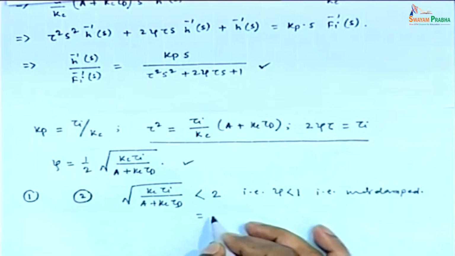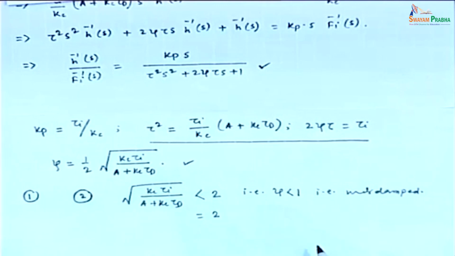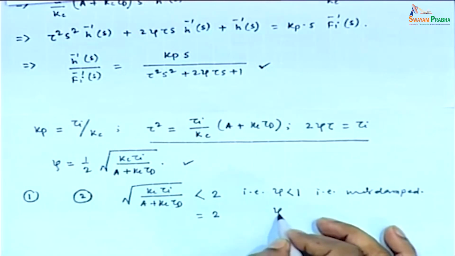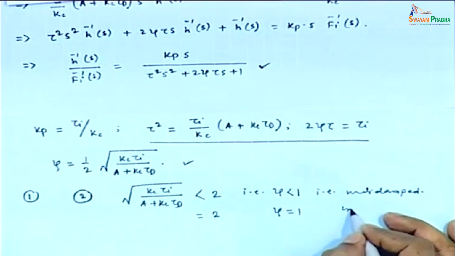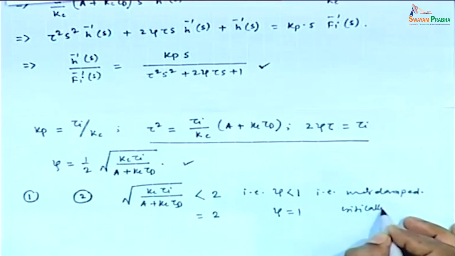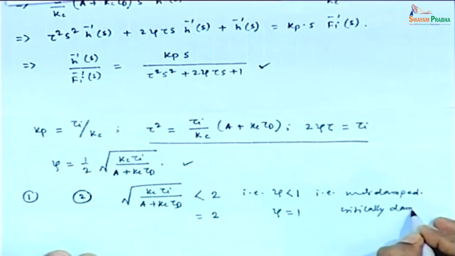If this is equal to 2, that means zeta is equal to 1, so it is critically damped.